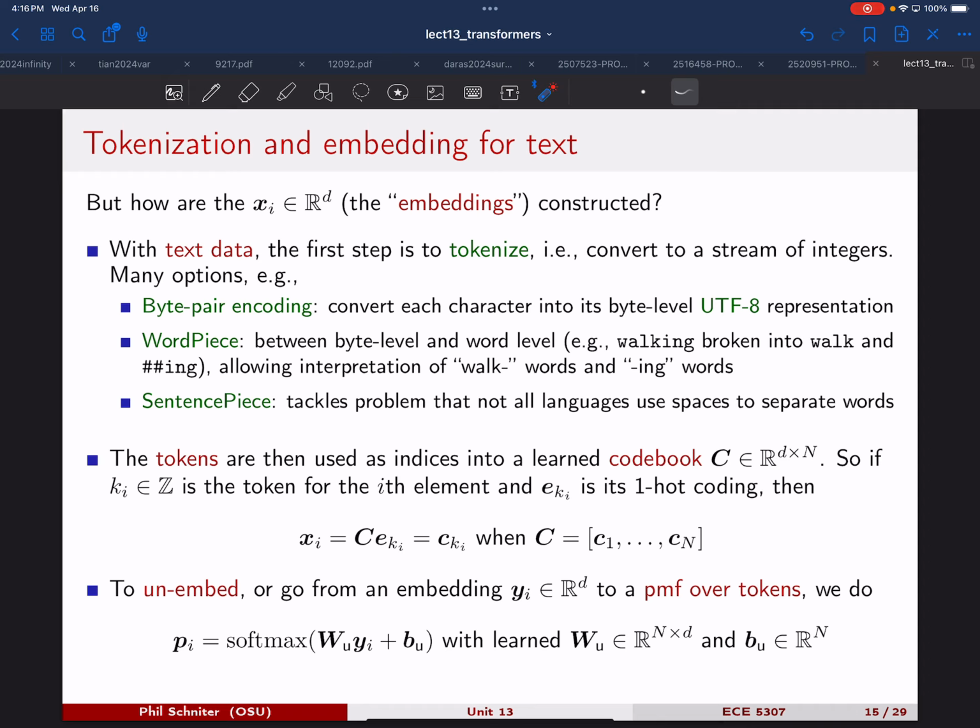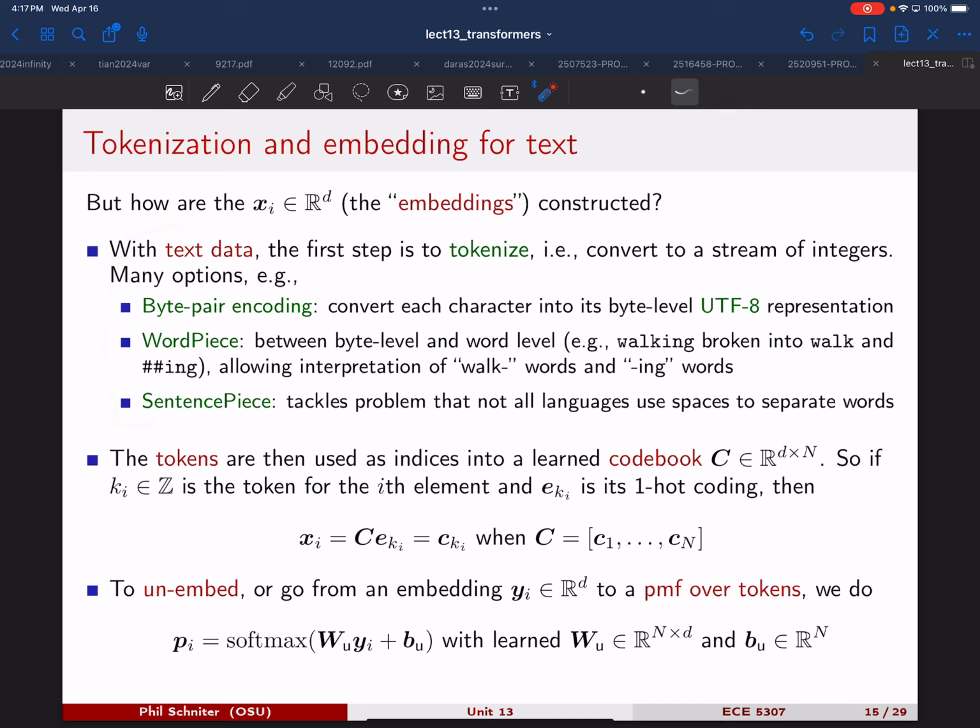Sometimes you convert each character to an integer. Sometimes you convert a piece of a word, like walk or ing, to integers. Otherwise, it might be a piece of a sentence. There are various approaches. But in any case, from this tokenization step, you now have a sequence of integers.